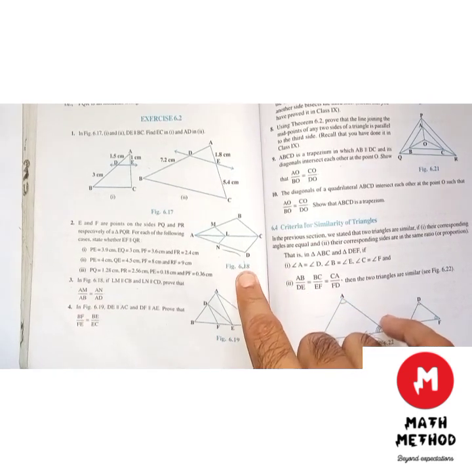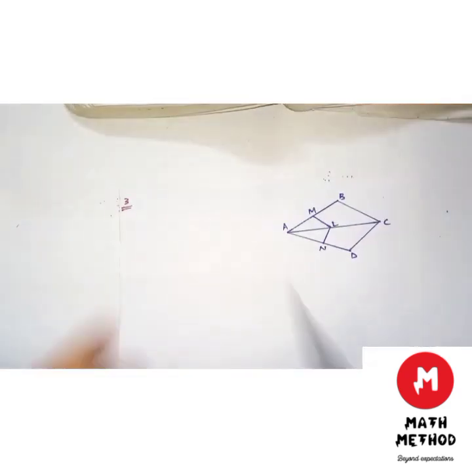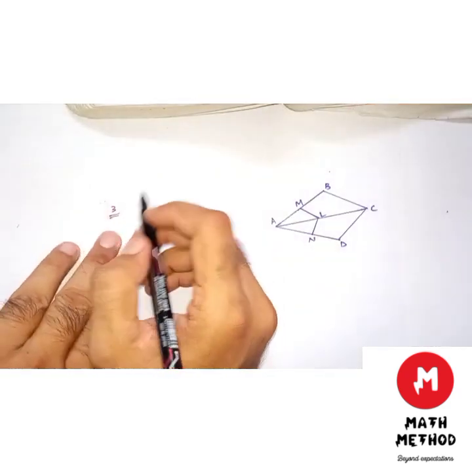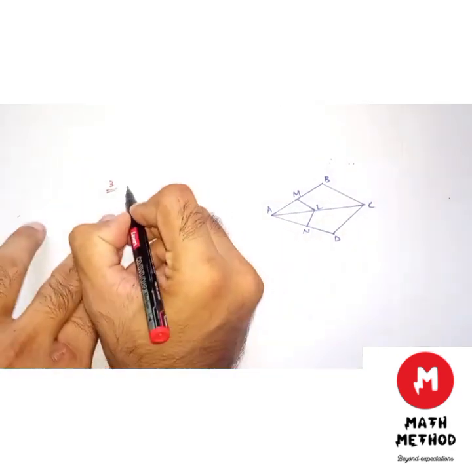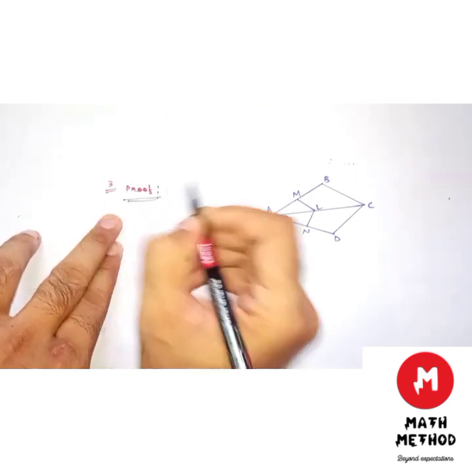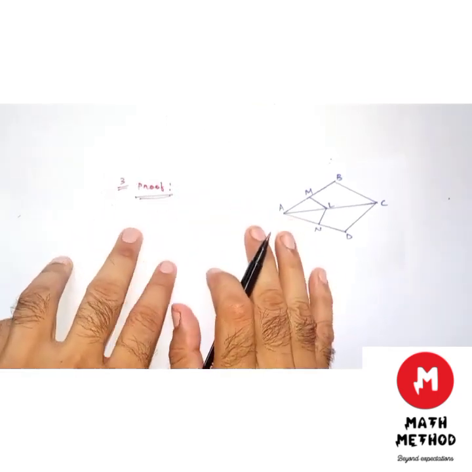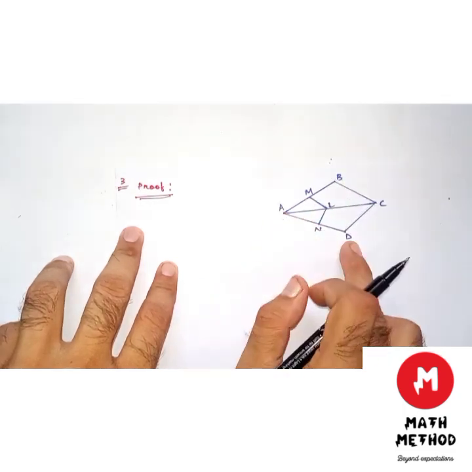Now question number 3, solution. We have to prove it. Now here is our proof. What we have to prove? AM upon AB is equal to AN upon AD.